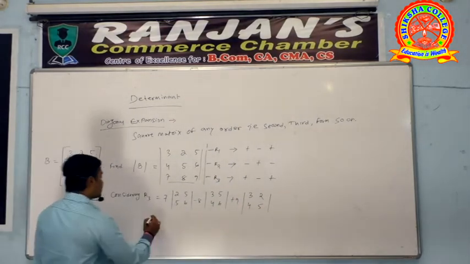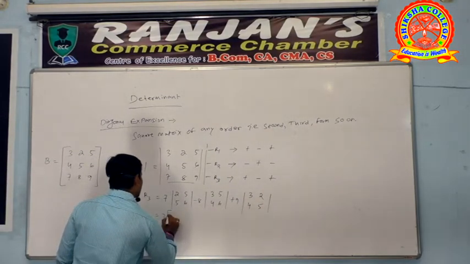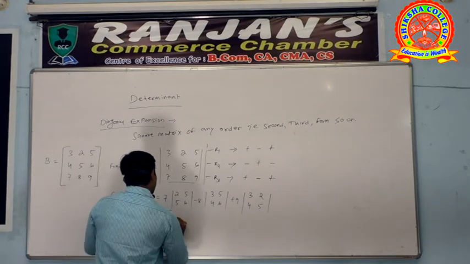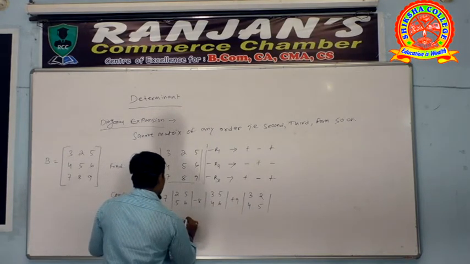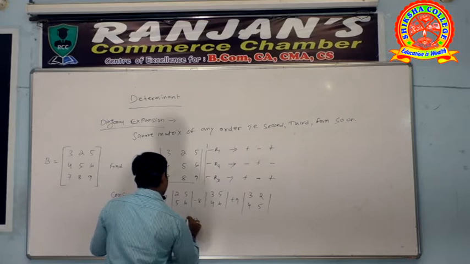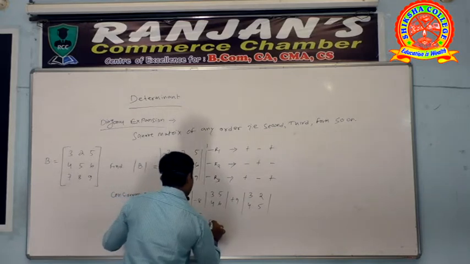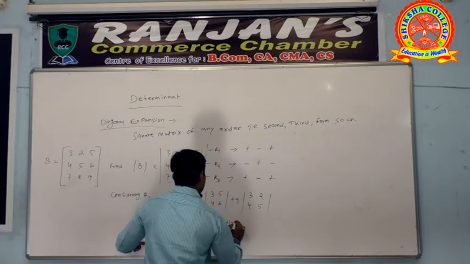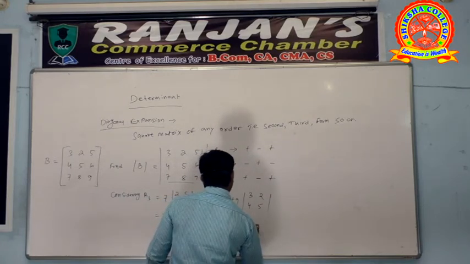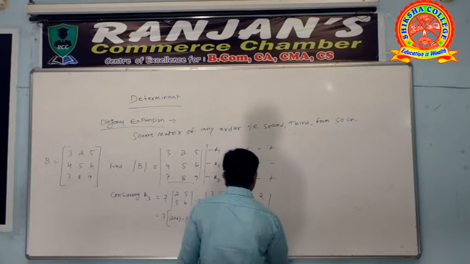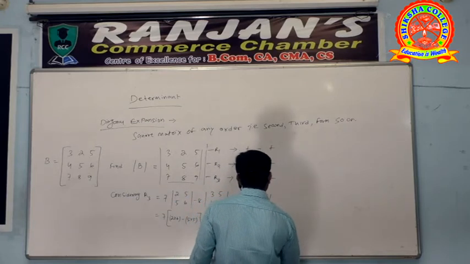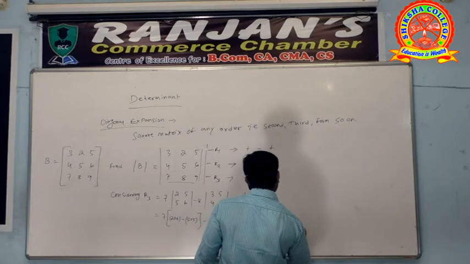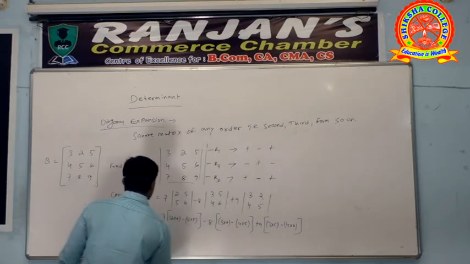Now the simple calculation: 7 into 2 into 6 minus 5 into 5, minus 8 into 3 into 6 minus 4 into 5, plus 9 into 3 into 5 minus 4 into 2.